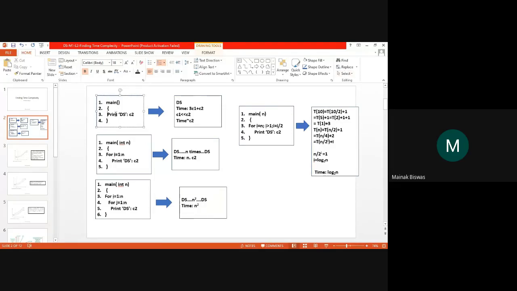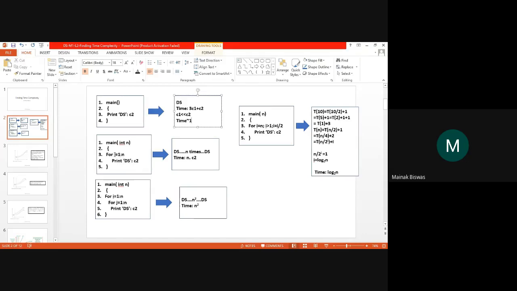Now, my question is how much time does this main function take to run? I'll say it will just end in 1 second only. So let us say C2 is equal to 1 second. How much will this take? It will print DS how many times?